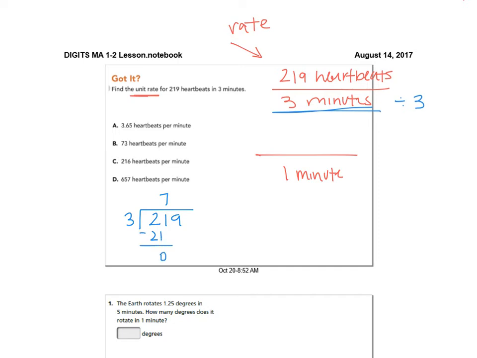Subtract and we get 0. Now we have to bring down our 9. 3 goes into 9 3 times. 3 times 3 gives us 9. So our answer, since we have a 0 remainder, we don't have to carry on with our decimals, our answer is 73. So 73 heartbeats.